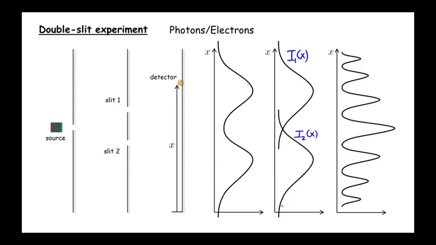And since electrons are behaving like particles, like bullets, you'd imagine that if both slits are open, you should see this curve, which is I12, the sum of I1 and I2. But in fact, what you end up seeing is this interference pattern, like we did in the case of waves. I12 is not equal to I1 plus I2.